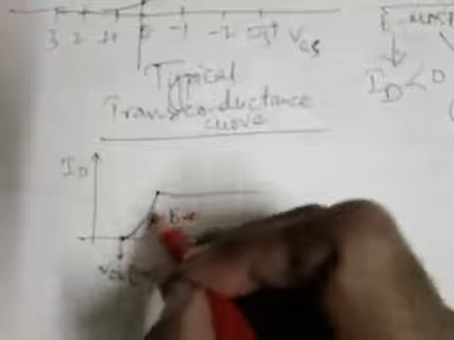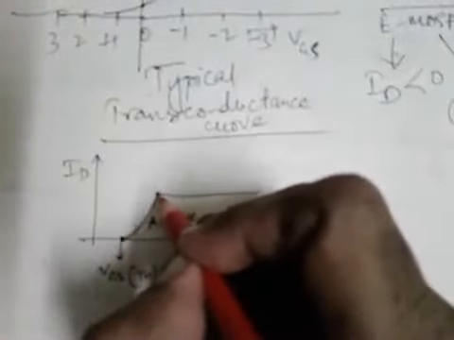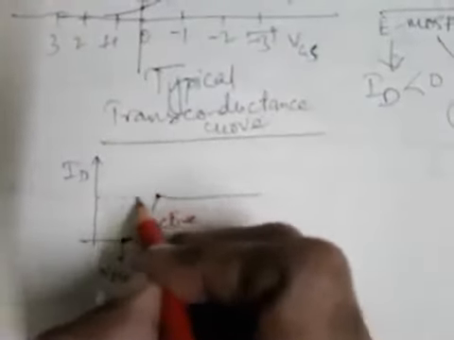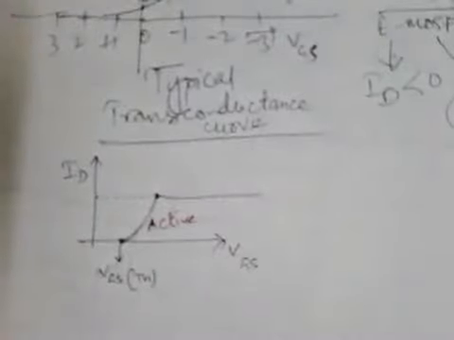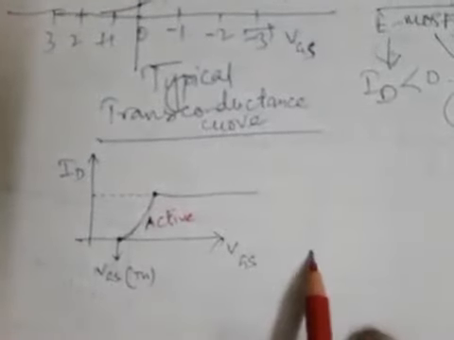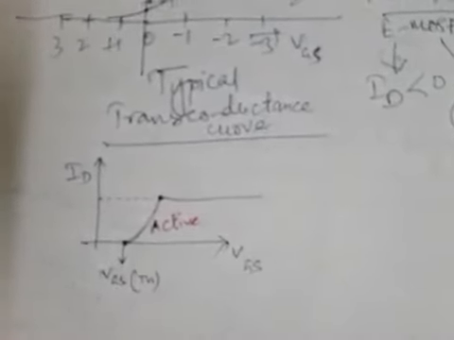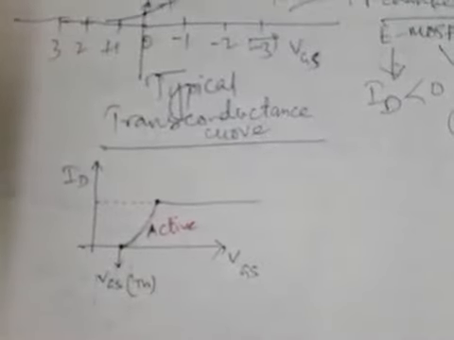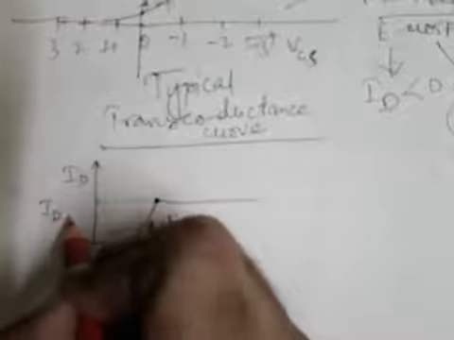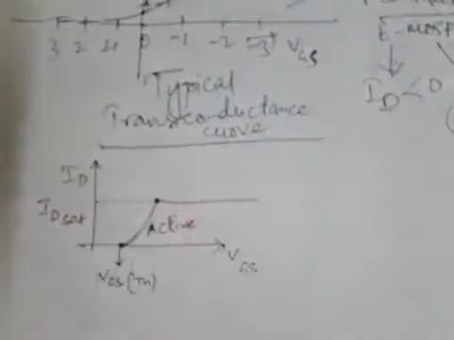It will increase exponentially to a maximum value of current, because beyond that, if you increase the gate to source voltage, there will be no influence on the conductivity of the device. So this maximum value is called the saturation drain current, denoted by ID sat.